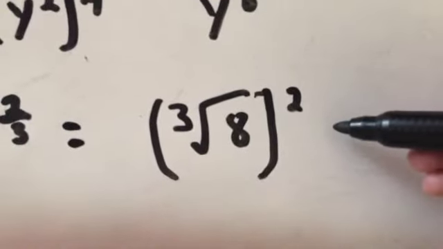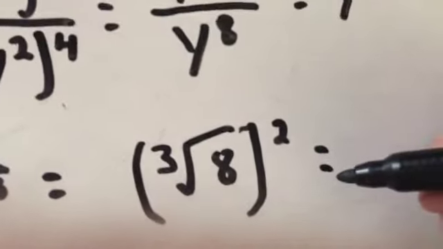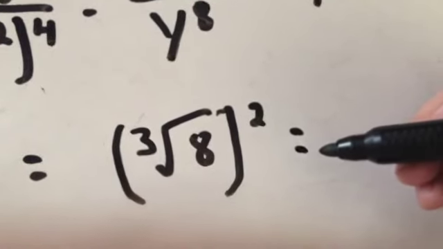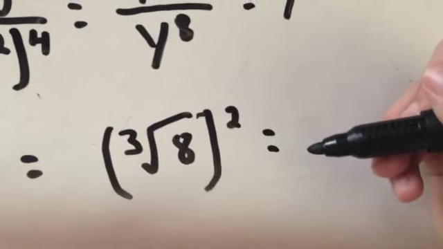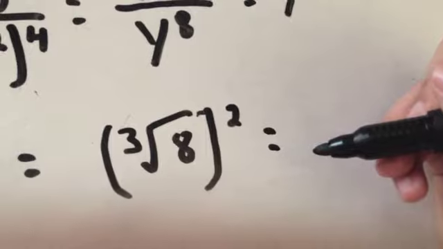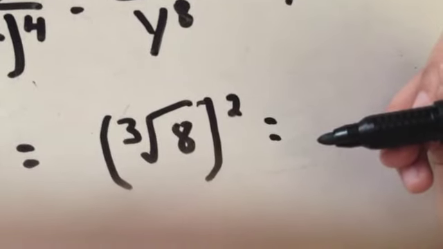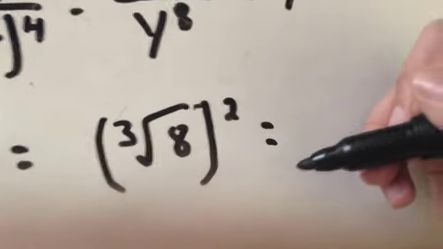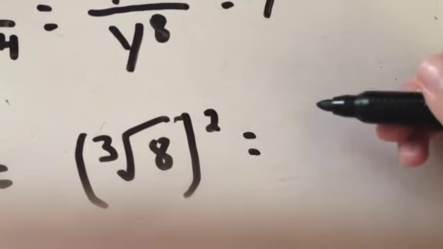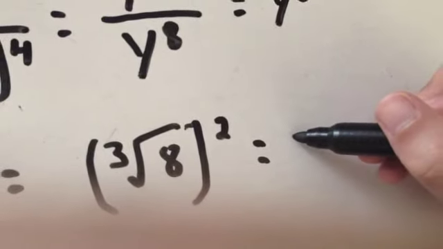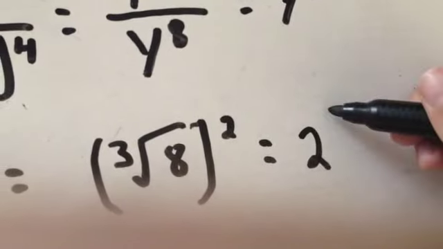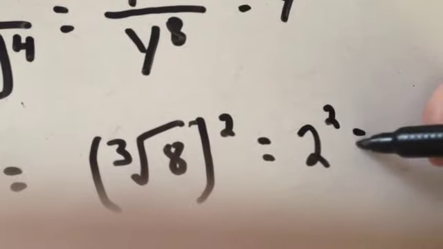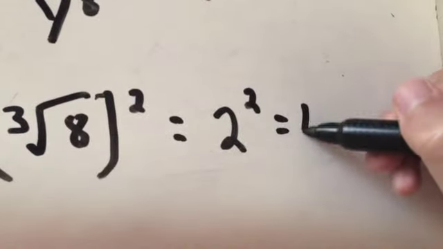Now if you don't have a calculator, to work out the third root of 8 is basically a number that multiplies 3 times with itself to get 8. So in this case it will be 2, because 2 times 2 times 2 equals 8. So that's 2, and then it will be 2 to the power of 2. Your final answer will be 4.